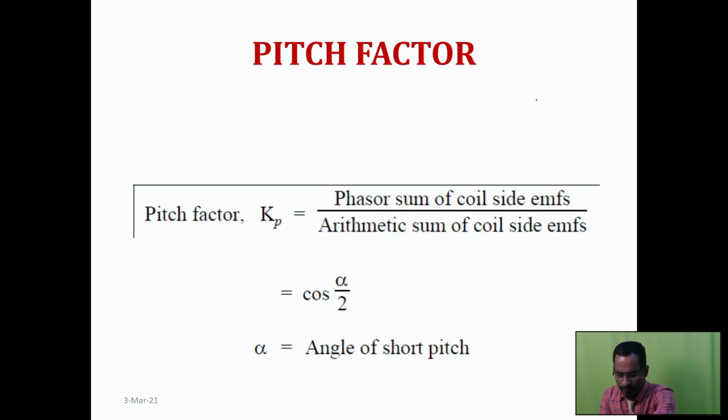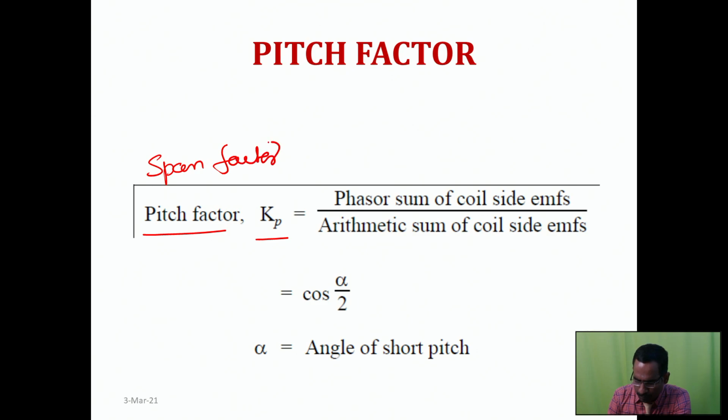By using the full pitch winding and the short pitch winding, I can relate the factor. It is called the pitch factor K suffix P, or coil span factor. So what does it mean? If I am connecting a coil in full pitch manner, I can do the arithmetic sum.